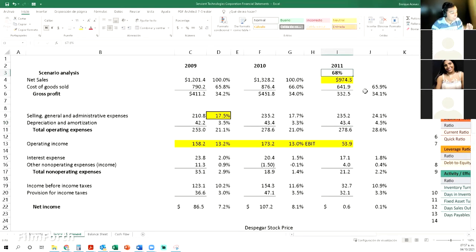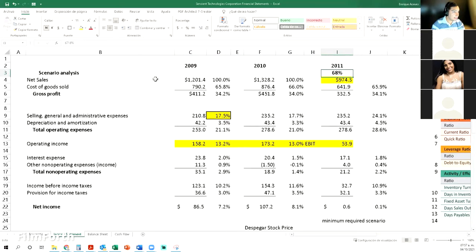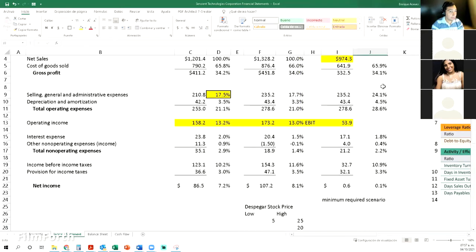Now we know that if we have a decrease in sales of at least 32%, we could potentially start having losses. So this could be potentially my minimum required scenario, no? This is what you can tell your CEO.